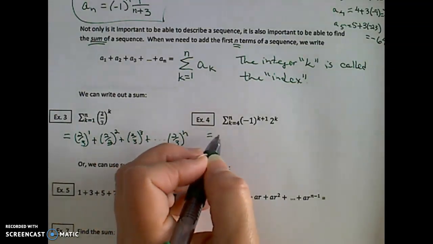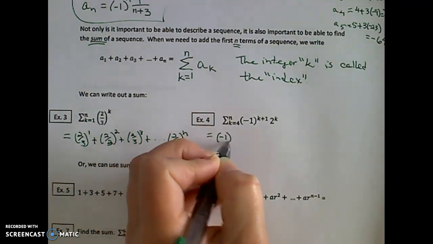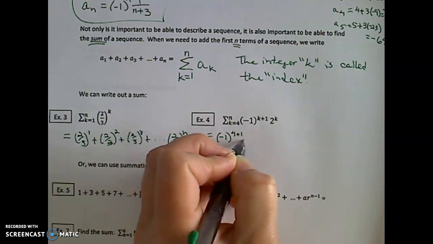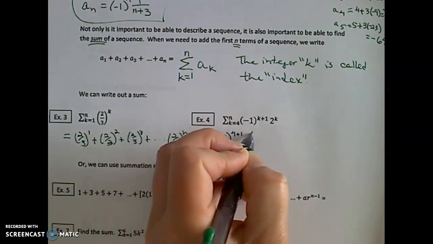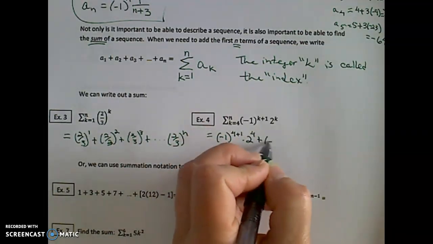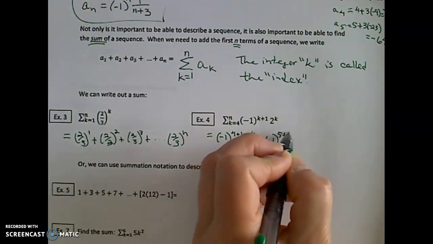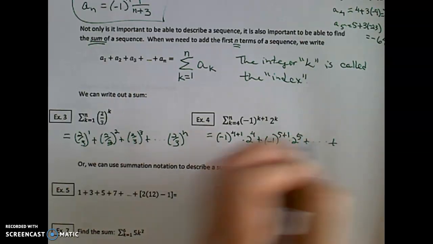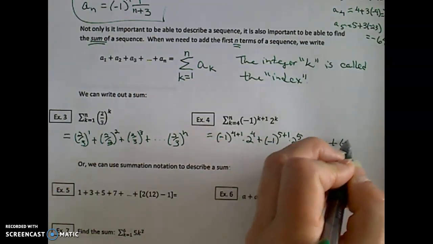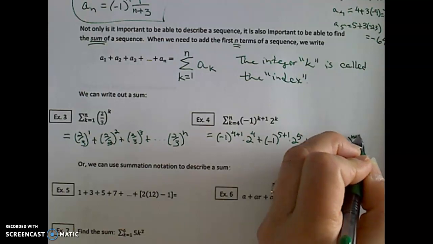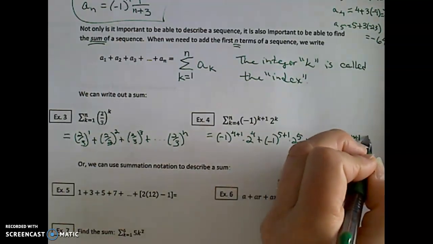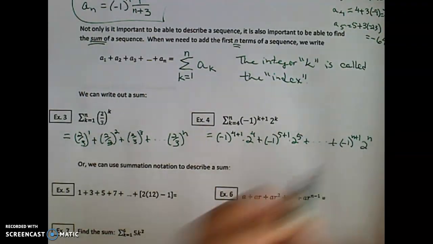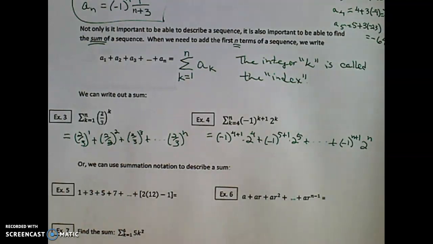That index, that counter, would be negative 1 to the 4 plus 1 times 2 to the 4, starting at 4, plus, keep going, negative 1 to the 5 plus 1 times 2 to the 5th, all the way up to, it tells me when to stop at some number n, negative 1 to the n plus 1 times 2 to the n. Notice that's my general term, but I stop at the end.